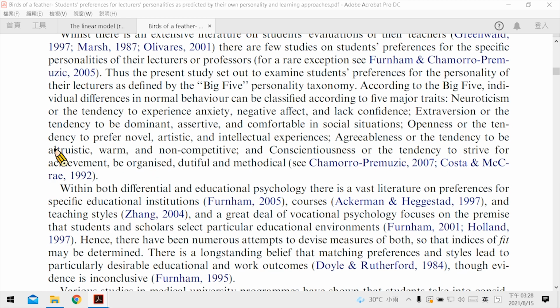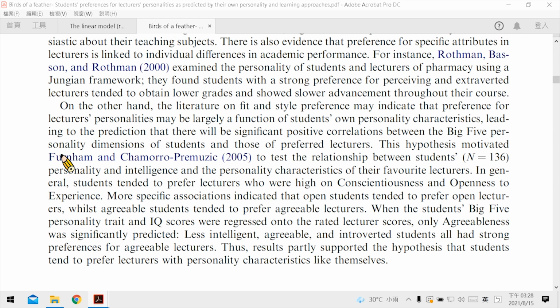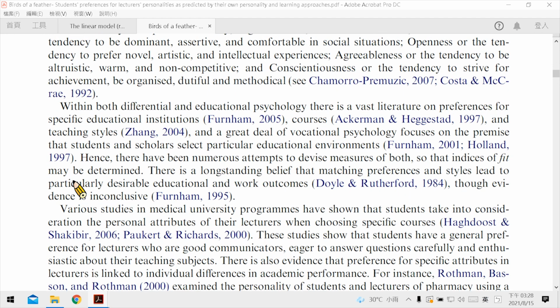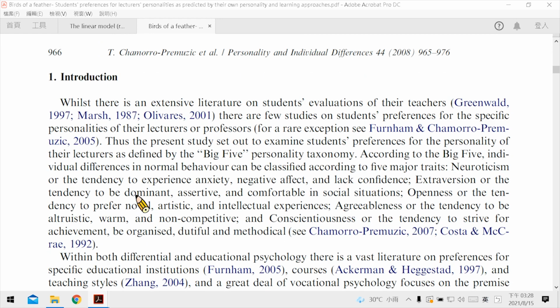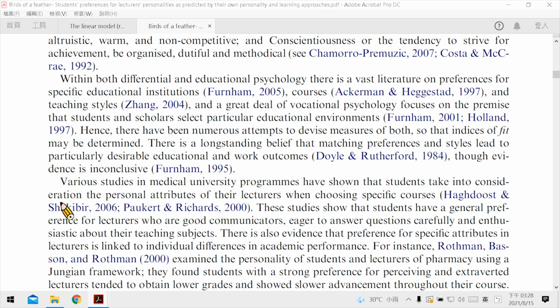And the introduction. Before we run, maybe we go through this paper, because when you write a thesis you must follow this structure. In the introduction you need to talk about why you chose this subject, and also the research motivation and what your research objective is.